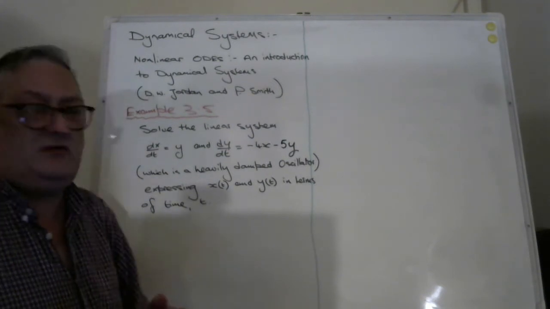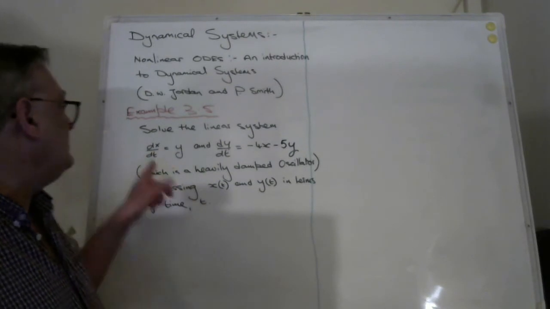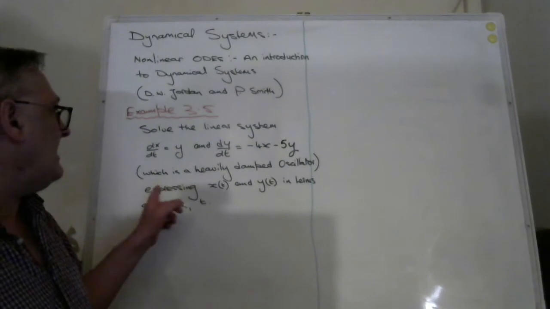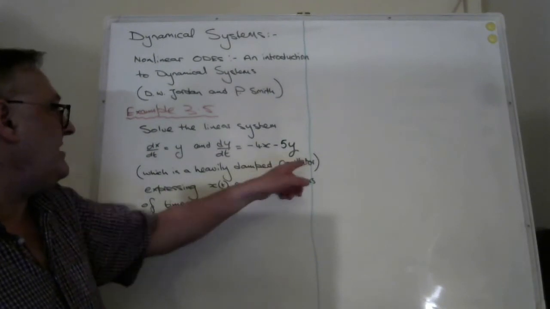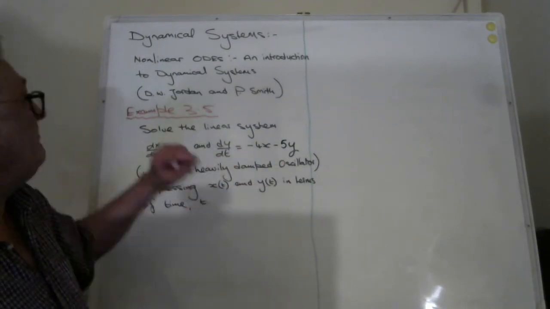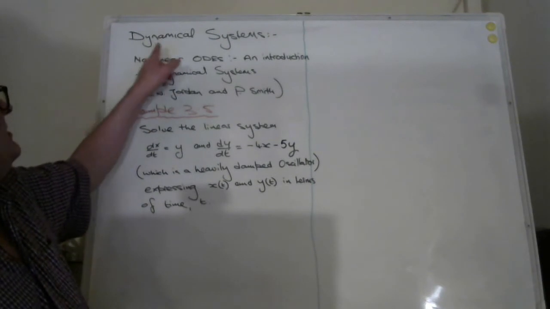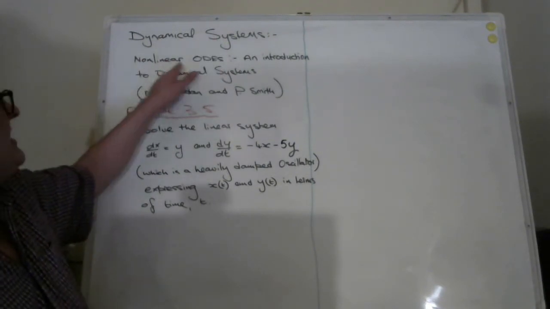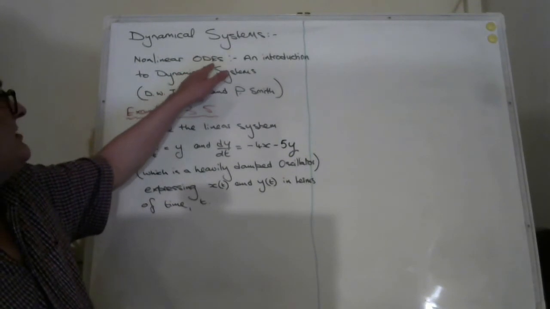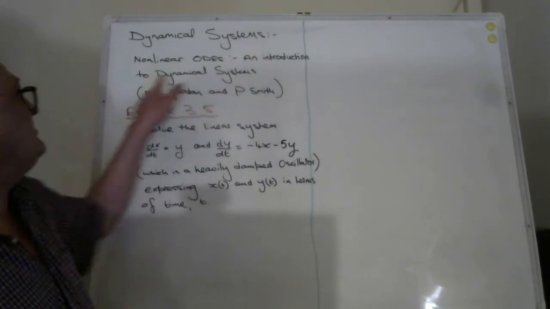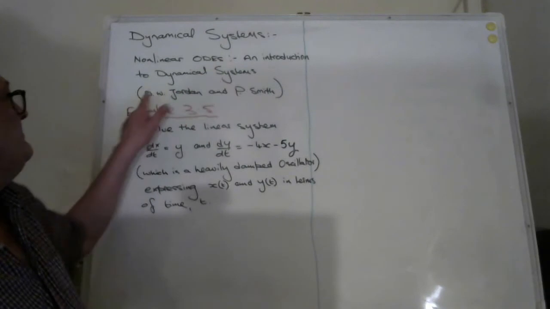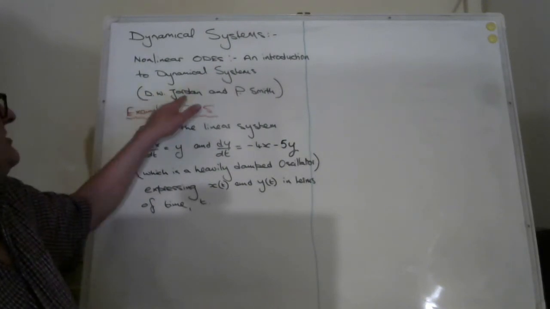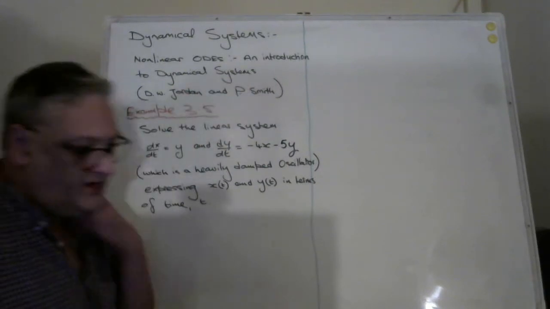As I've already mentioned, we're going to attempt to solve a linear system, which is actually a heavily damped linear oscillator. And this example comes from a book on dynamical systems called Non-Linear Ordinary Differential Equations: An Introduction to Dynamical Systems. And the authors are D.W. Jordan and P. Smith.